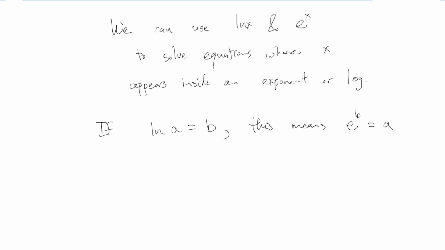So when you see an equation involving ln, you can change that into basically the same equation involving e's, but the other way around. Here I have a inside the log, here I have b inside the exponent. That's what it means that the log and the e are inverses of one another. Whenever you see an equation written in terms of logs, you can always rewrite it in exponential form, and the other way around also.